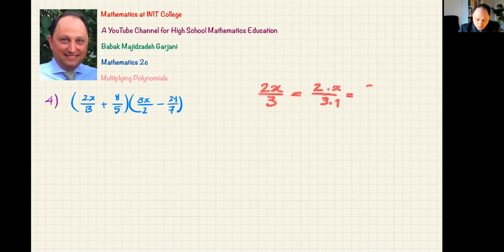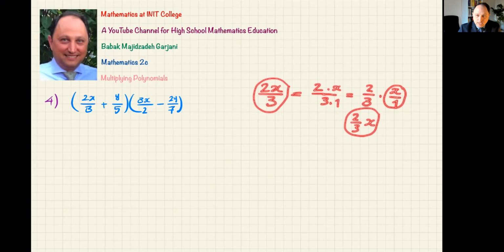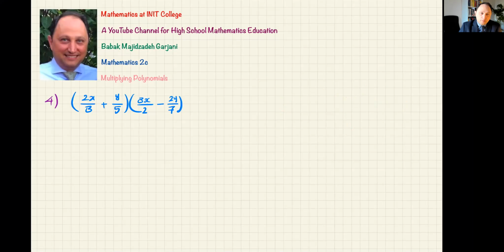And then you know that you can write it as 2 over 3 times x over 1. But no one writes x over 1. People write simply x. And this becomes this. So hopefully you will not have any doubt that this and this are exactly the same. They are different ways of writing the same number. 2x over 3 and 2/3 of x. They are exactly the same thing.